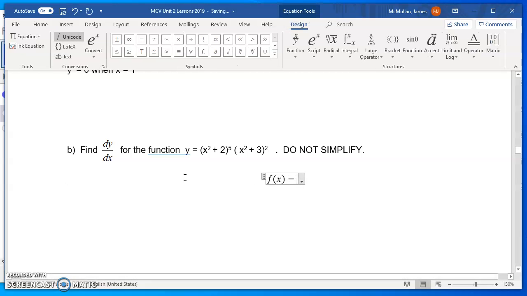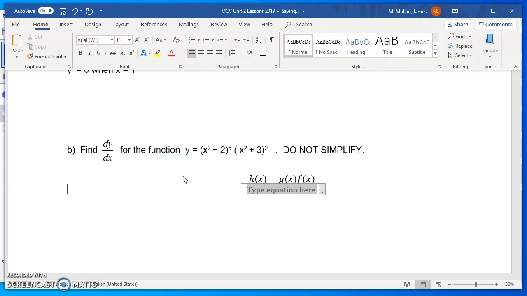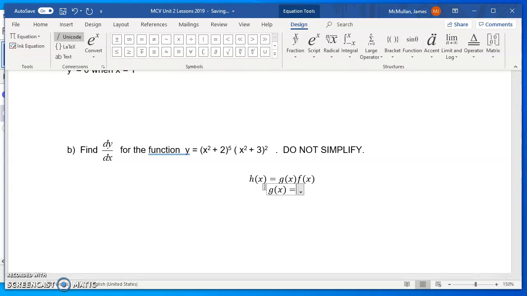Again, let's define it as f of x, or let's do it the other way. h of x equals g times f. I'm going to say g of x is equal to, so my first puzzle piece is g, x squared plus 2 to the power of 5. My second puzzle piece is f, which is x squared plus 3 to the power of 2.